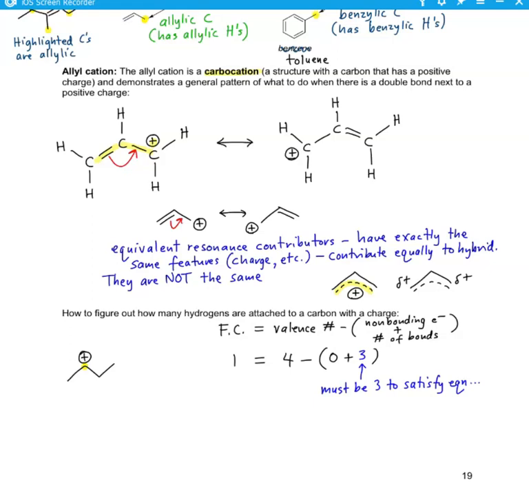2 of the bonds are shown. So going back to our original structure, I've highlighted in blue the 2 bonds that are shown, which means that there's got to be a third one to the hydrogen that's not shown. So 2 bonds are shown, meaning in this case, there's one bond to hydrogen not shown.